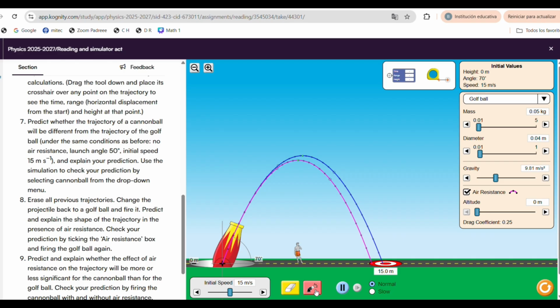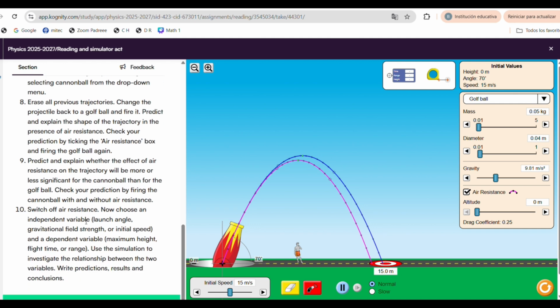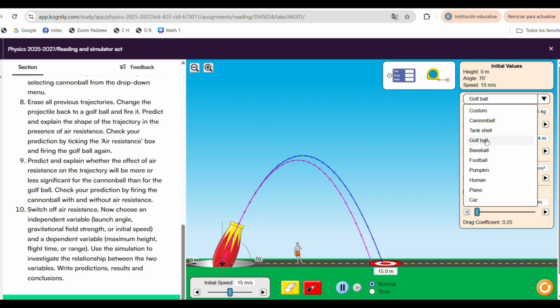Our last prediction will be whether air resistance will affect the cannonball or the golf ball more. At first I thought the cannonball was going to be the one affected the most, but then I investigated and found that the golf ball had more surface relative to its mass and less mass, and that makes the air resistance impact more on that ball.